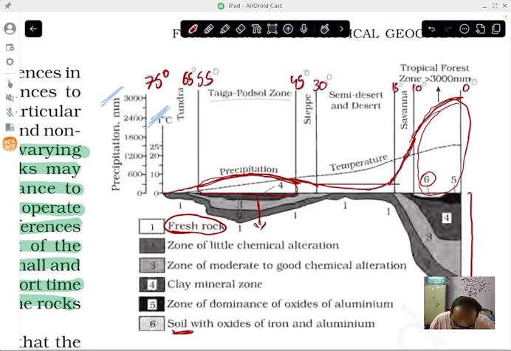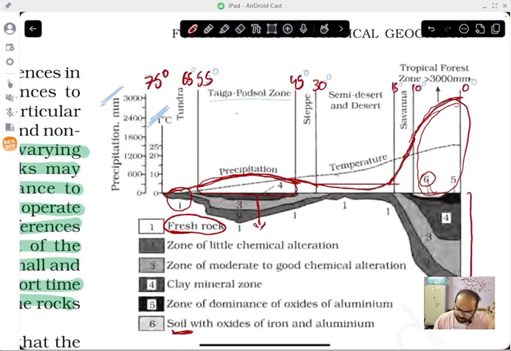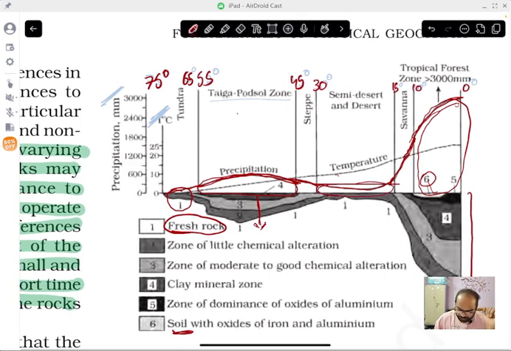In the tundra region you have very less precipitation, so the bedrock remains as it is. There is no weathering of the bedrock and formation of soil. Very little weathering can be seen in tundra, and a high amount can be seen in the taiga region, your tropical forest zone, and even in semi-arid desert only a very little amount of weathering can take place.